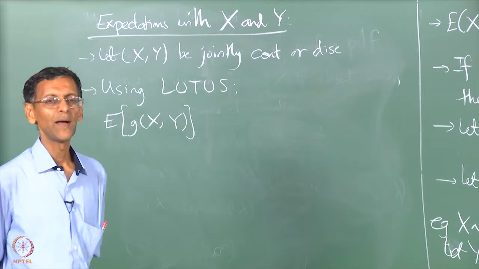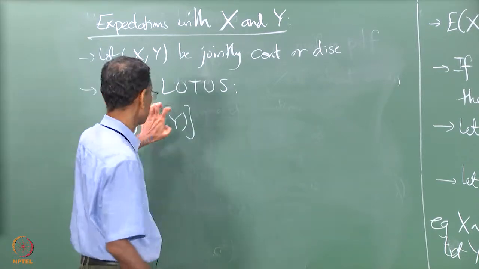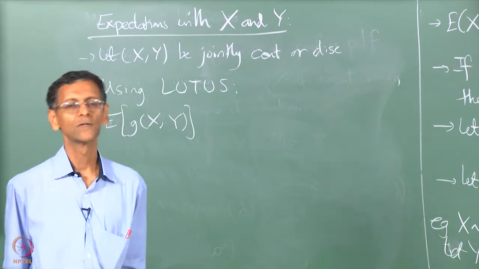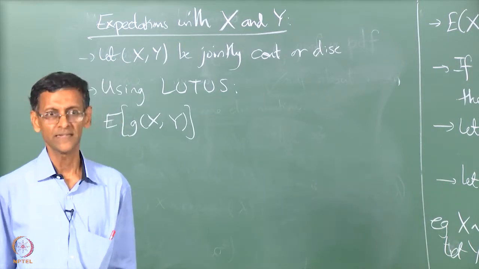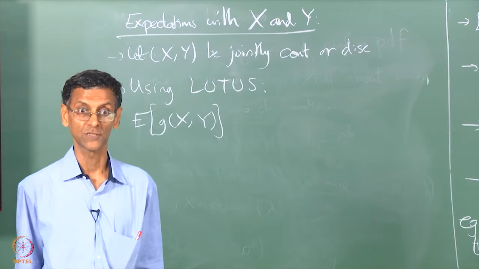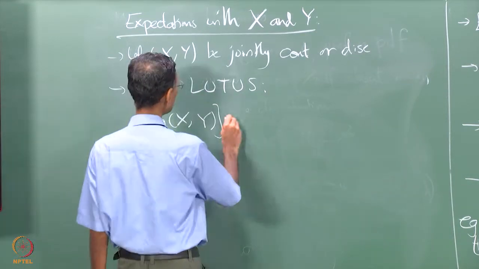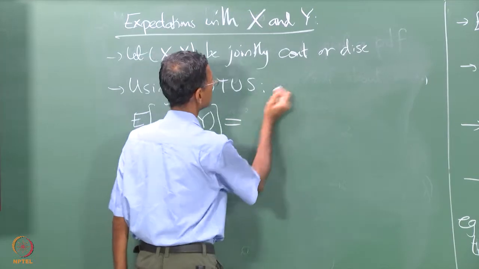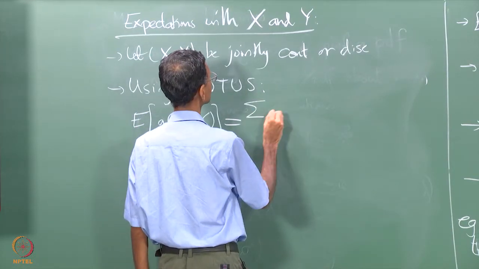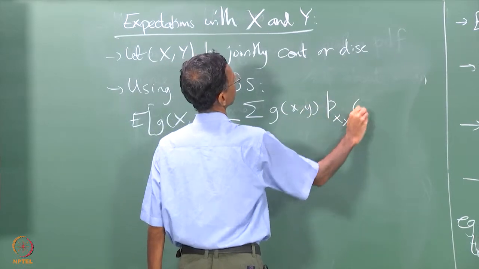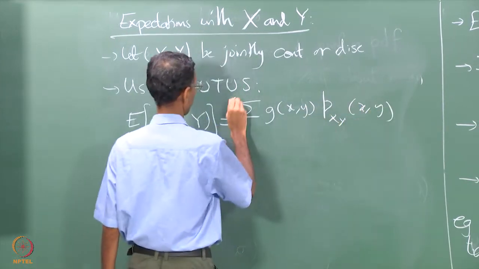I am just taking a scalar real valued function g of x, y, which could be x plus y, could be max of x, y, could be anything, but as long as it's a single real valued function. So in the discrete case, it's basically this sum.